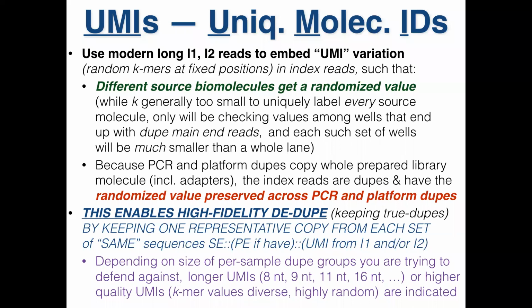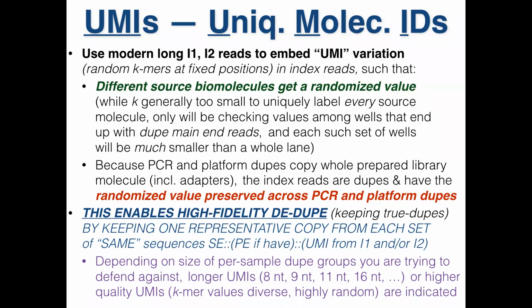So if we require that the main sequences and indices, which include the UMI, match, essentially when I say main read and then index read, if the main reads match, then the UMI tells you which subset of those belong together.